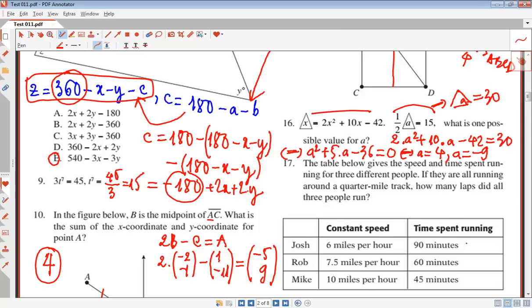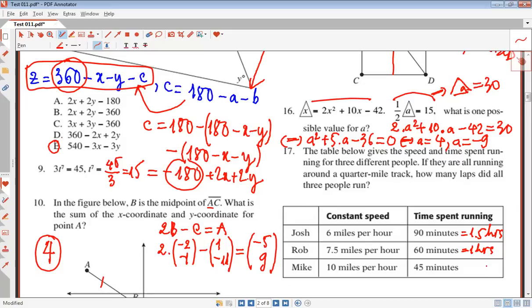Here we have this one equal to 1.5 hours, equal 1 hour, and equal 3/4 hours.